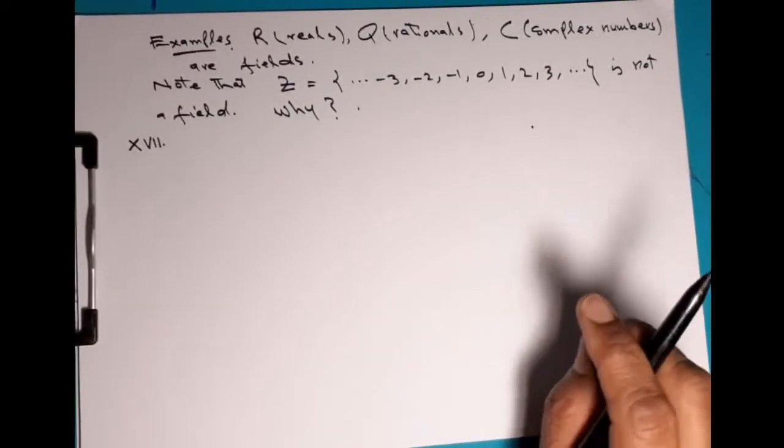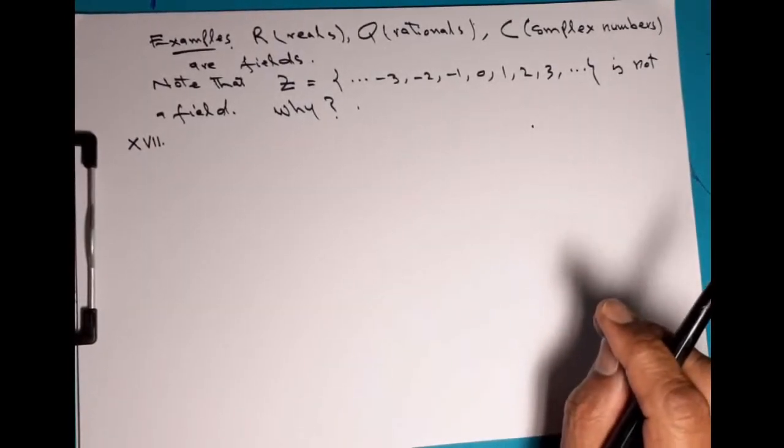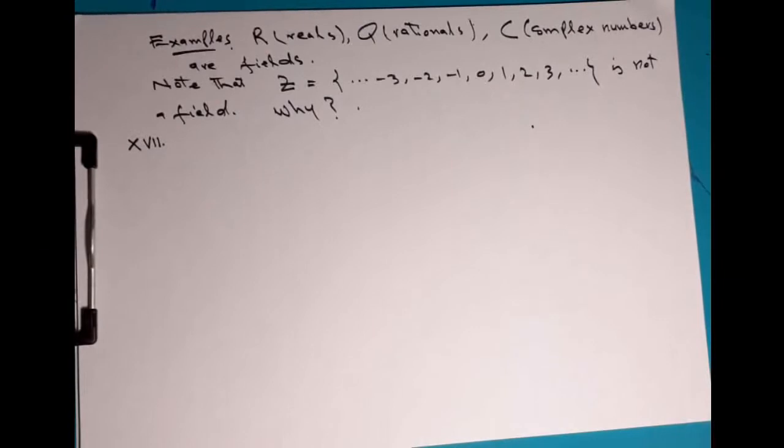If we are given an integral domain which is finite, it should be a field. So in order to prove that a ring is a field, it is sufficient to establish that it is an integral domain and then it is finite.